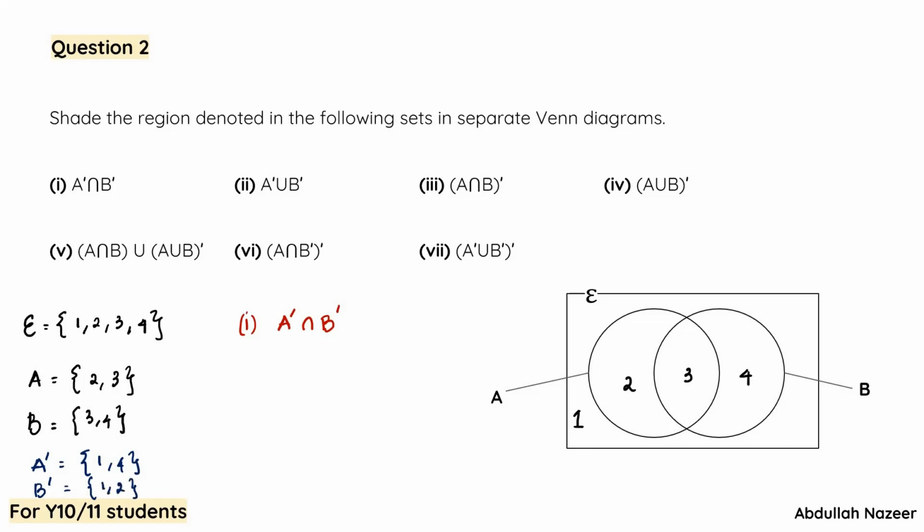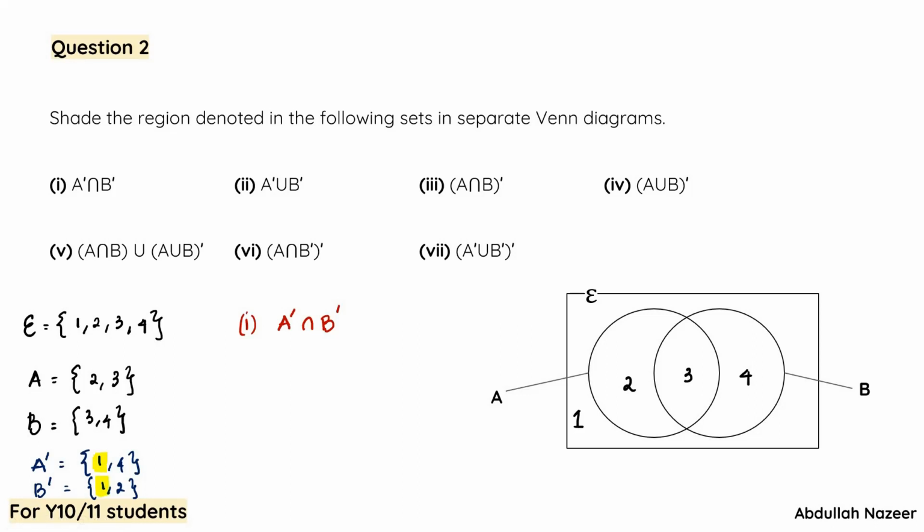Now we can easily find A complement intersection B complement, and that's going to be the number that is common to both A complement and B complement. The number that is common to both is 1. The number 1 is in both the sets.